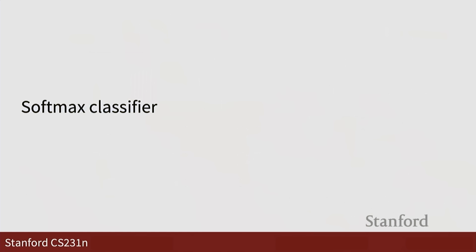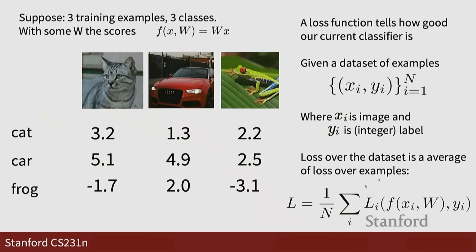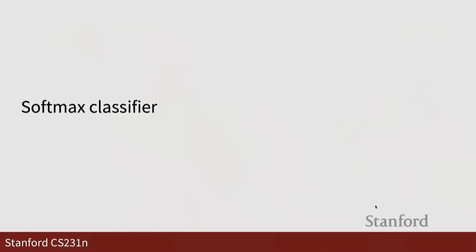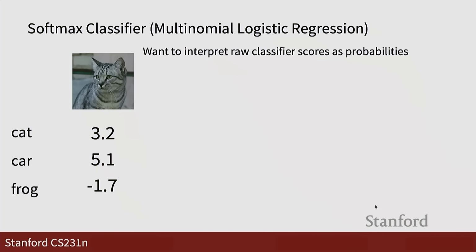So how can we do the optimization and how can we really find the W's? There are different ways of defining this L_i, and I want to talk about the Softmax classifier right now.